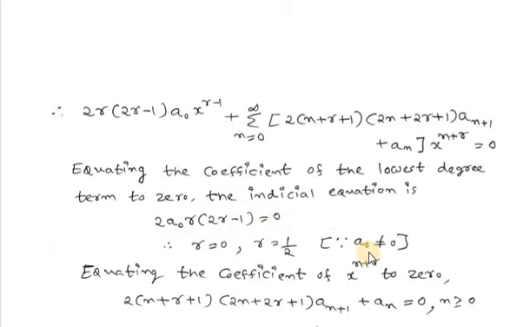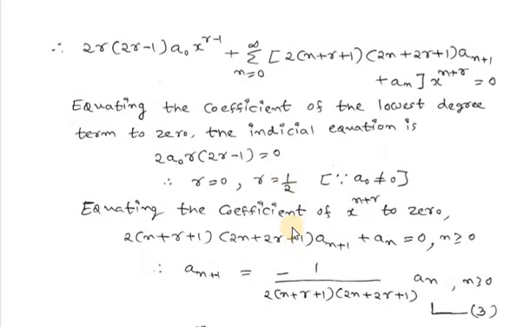But we know that a0 is not equal to 0, so r equals 0 or 2r minus 1 equals 0. From that we get r equals 1 by 2. We can see that the values of r are different and their difference is not an integer. So we are in case number 1.